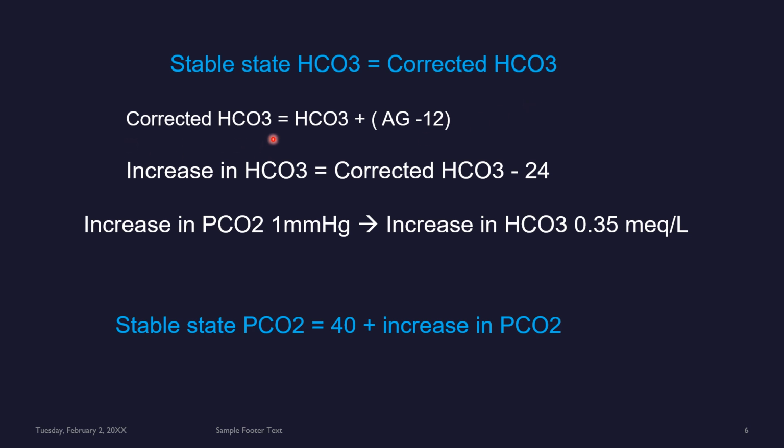The formula is: corrected bicarbonate equals the measured bicarbonate plus anion gap minus 12. This is the corrected bicarbonate.